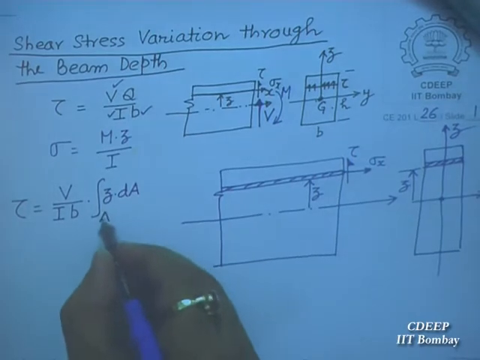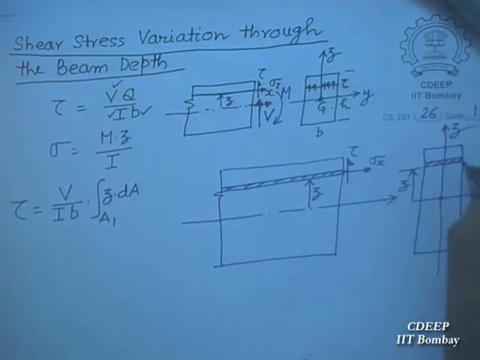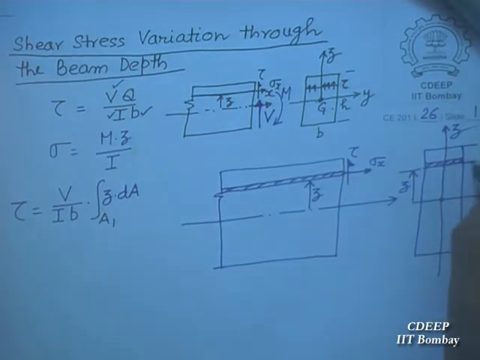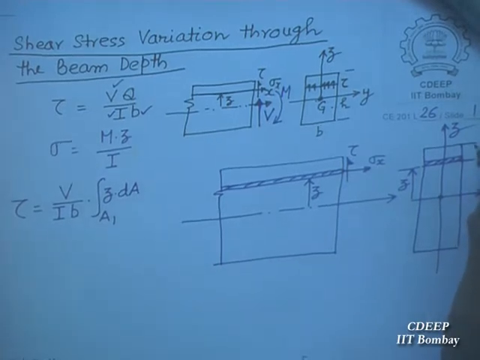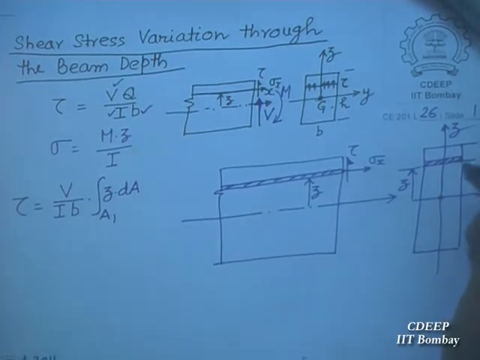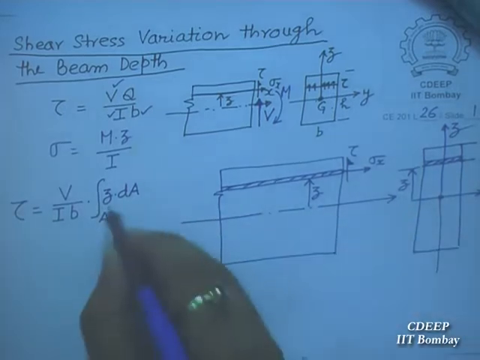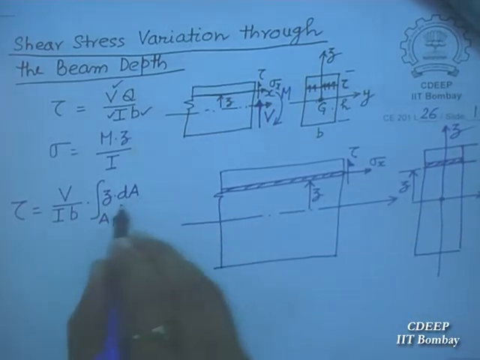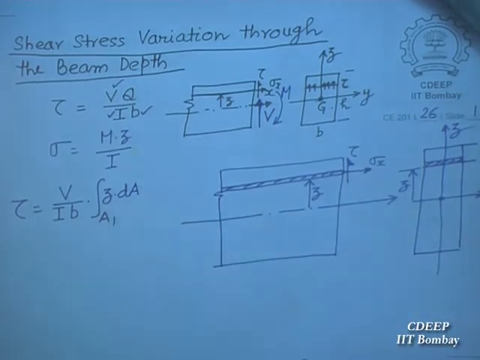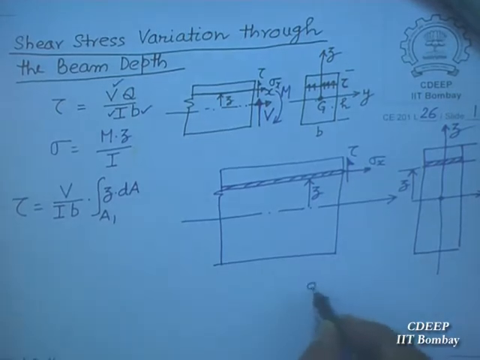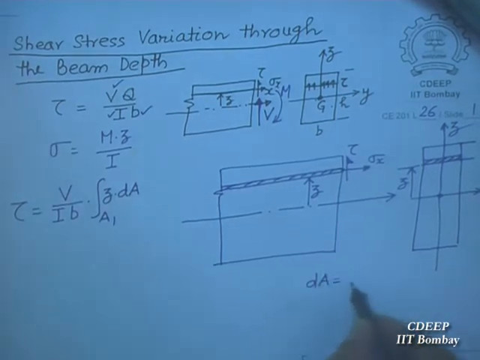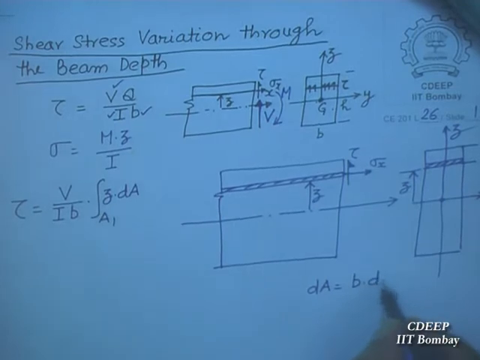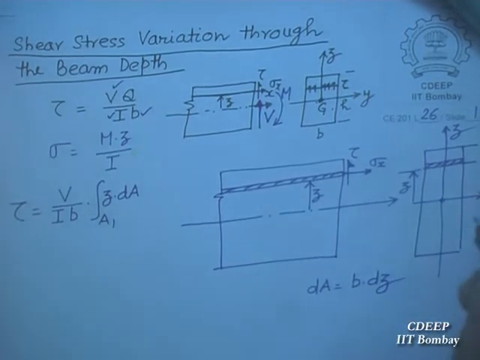Or area A1. What is area A1? dA is b dz. This is b.